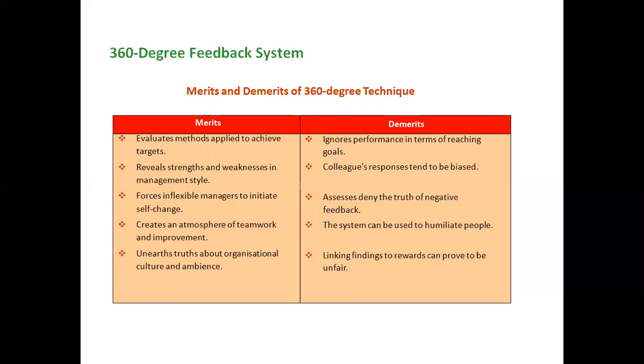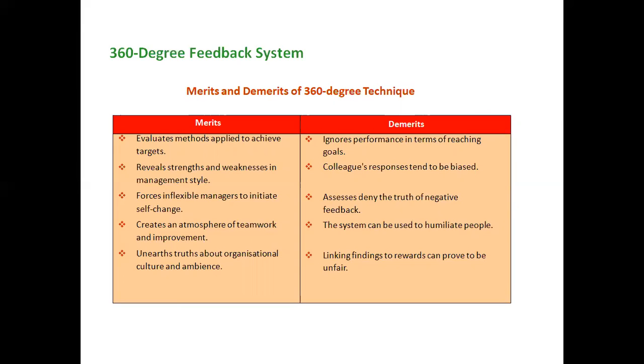A major advantage of this system is that the feedback comes from multiple sources. If a manager has six subordinates, the manager does not know which subordinate said what, as the results are summarized and averaged. So it's very difficult for the appraisee to understand who has said what about him.